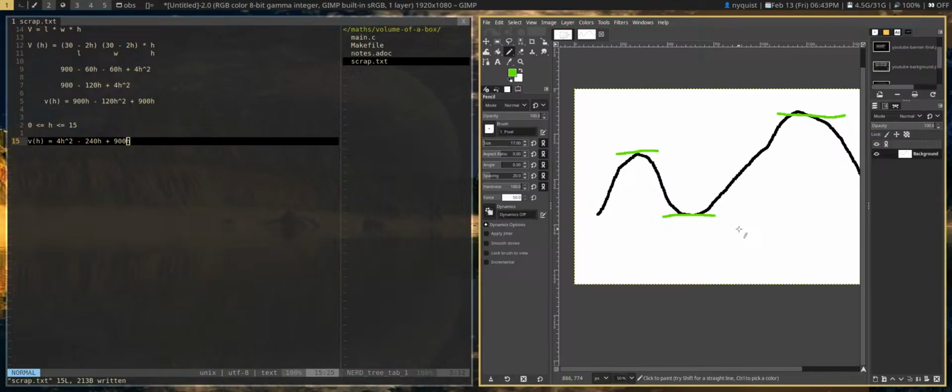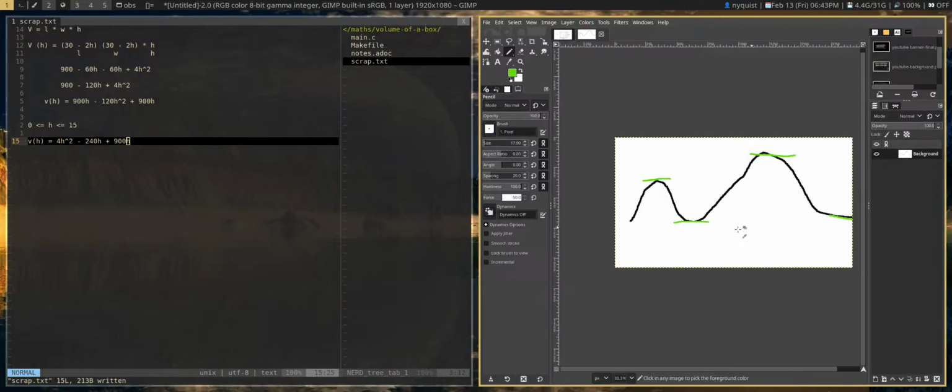But just because you have a critical point doesn't necessarily mean that it's a maximum or minimum. In this case, we're going to look for the maximum, the top point in the local area, in order to find the highest volume.